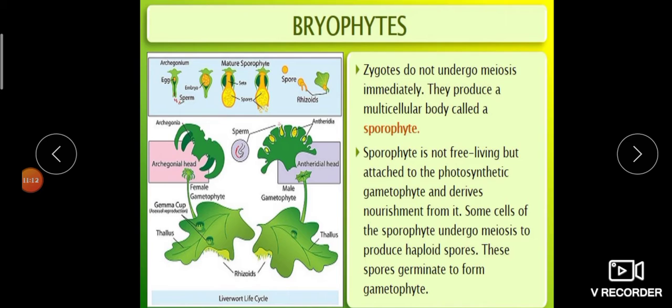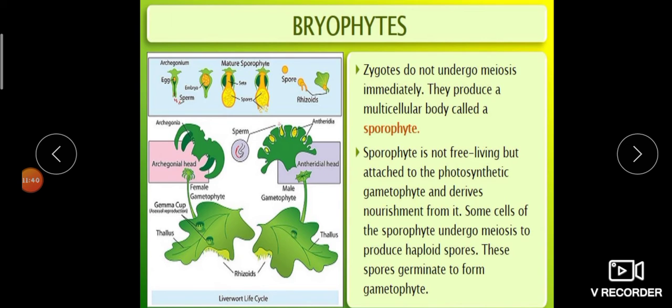Then they form the gametophyte. Again, the cycle continues. These gametophytes produce female gametophyte and male gametophyte, and the male gametophyte produces antheridium, and inside the antheridium antherozoids are produced. These sperms are released and meet the archegonium, and as a result of the fusion, a sporophyte is again produced, then spores are produced, and this life cycle continues.